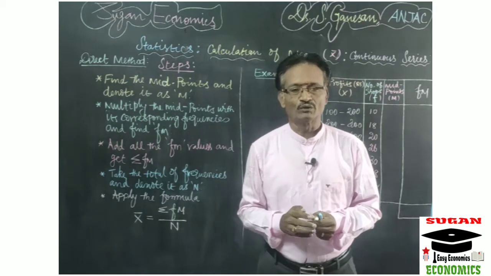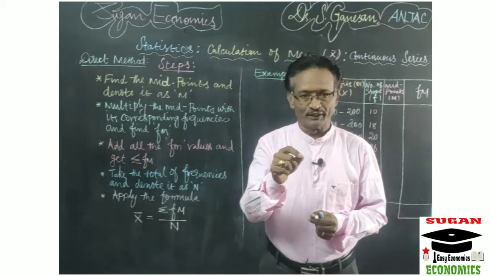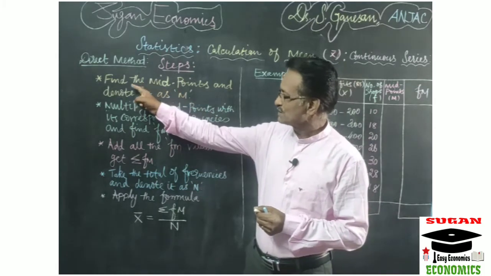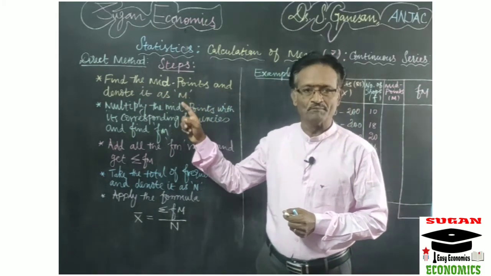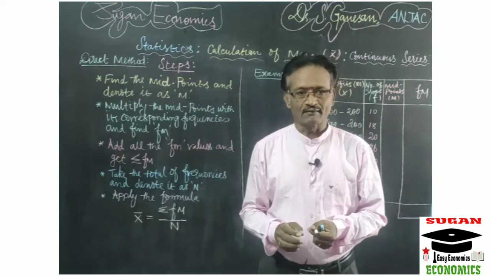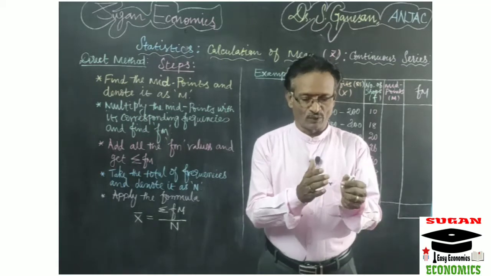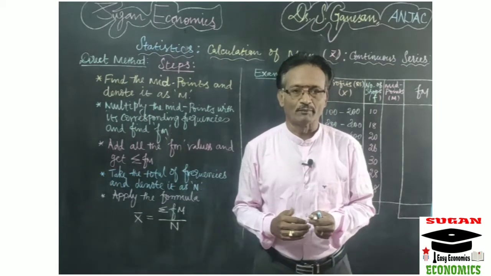So we have to calculate midpoints for each and every variable, and the midpoint is denoted by m. How can you calculate the midpoint? The midpoint is calculated by adding the lower limit and the upper limit, and the total should be divided by 2.